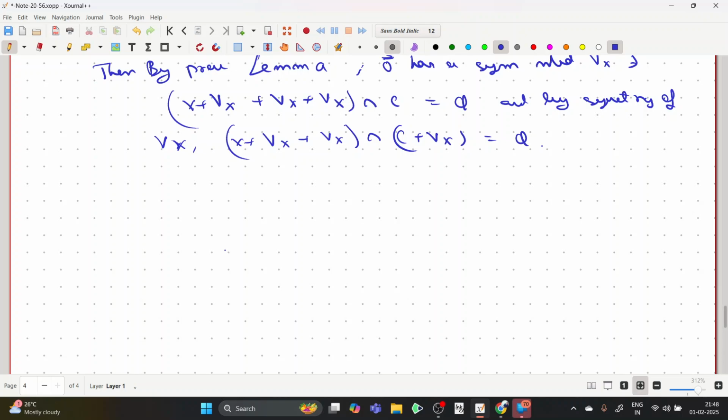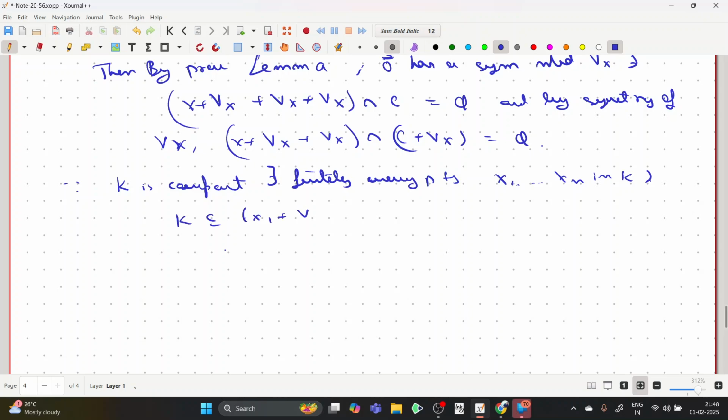Right. Now since I have K to be compact, I'll get only a finite number of open sets which cover K. So there exist finitely many points x1 till xn in K such that K is contained in x1 plus Vx1.